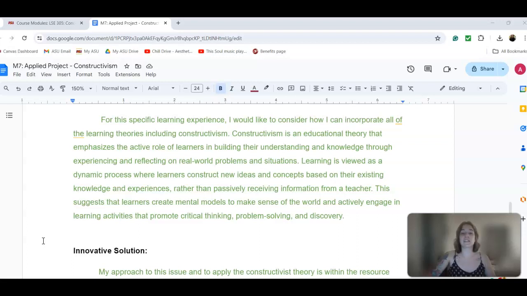Learning is viewed as a dynamic process where learners construct new ideas and concepts based on their existing knowledge and experiences. Rather than passively receiving information from a teacher, learners create mental models to make sense of the world and actively engage in learning activities that promote critical thinking, problem solving, and discovery.